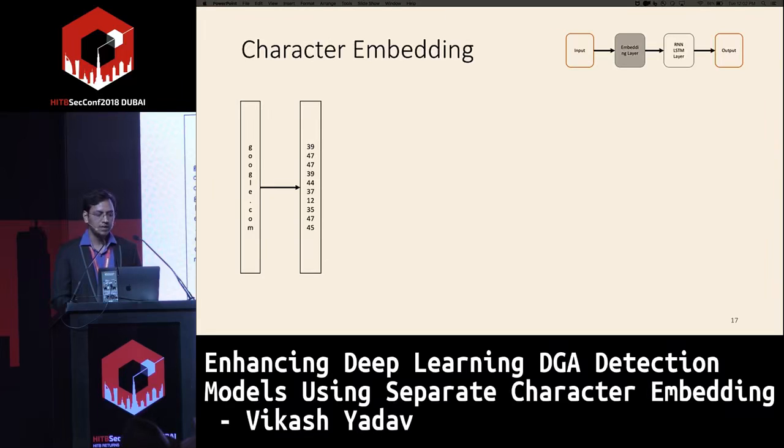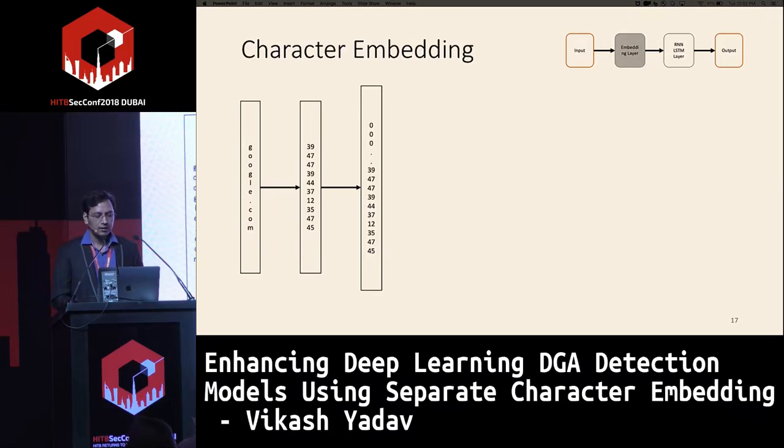Here each character is mapped to a unique integer. And since the domains are of varying length, we also need to pad with additional zeros so that each domain is now of a fixed size. This input sequence is now of a fixed size, which is acceptable to a machine learning model.